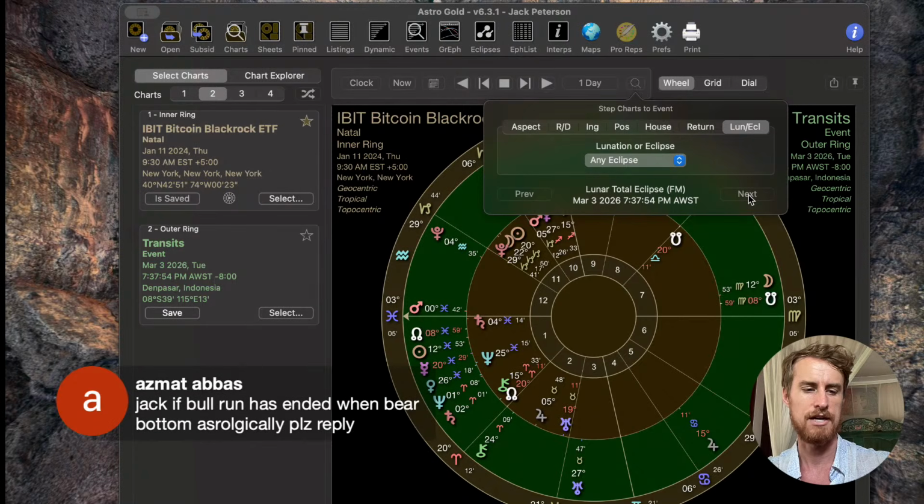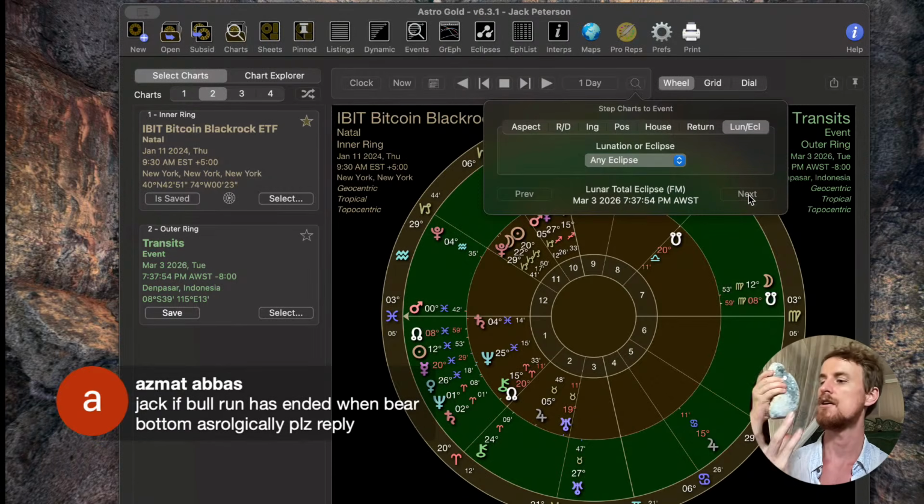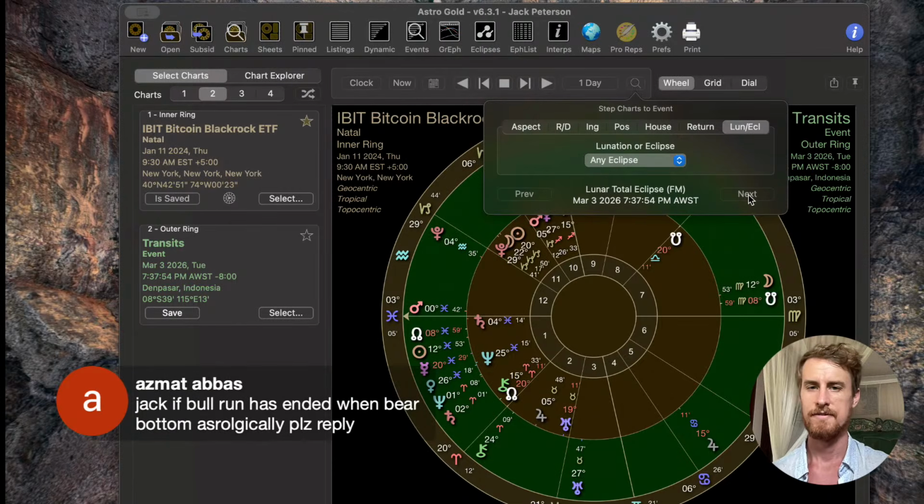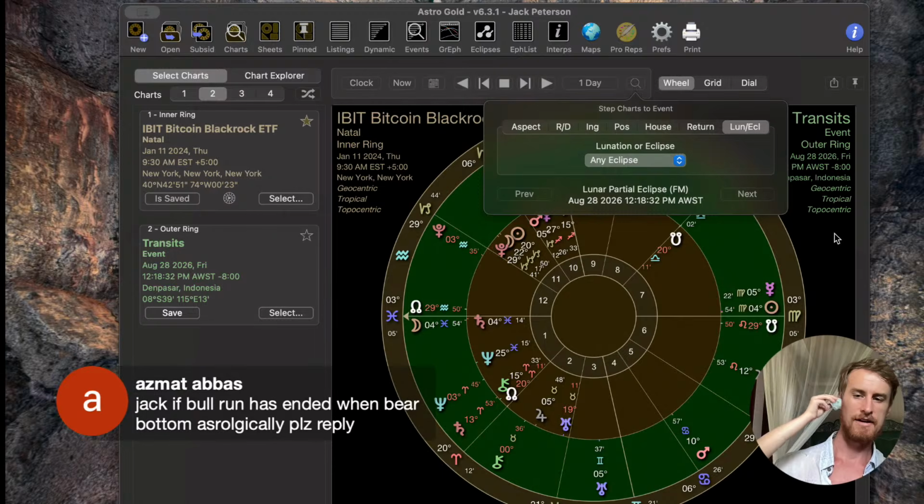So there's a chance, there's no guarantee, but there's a chance that around March 3rd, give or take a month or a couple months, March 3rd could be the bear market bottom, possibly. Not guaranteed. I have to do a lot more research, honestly. So maybe March 3rd, give or take a couple months. Okay, so that's what I got for you guys.